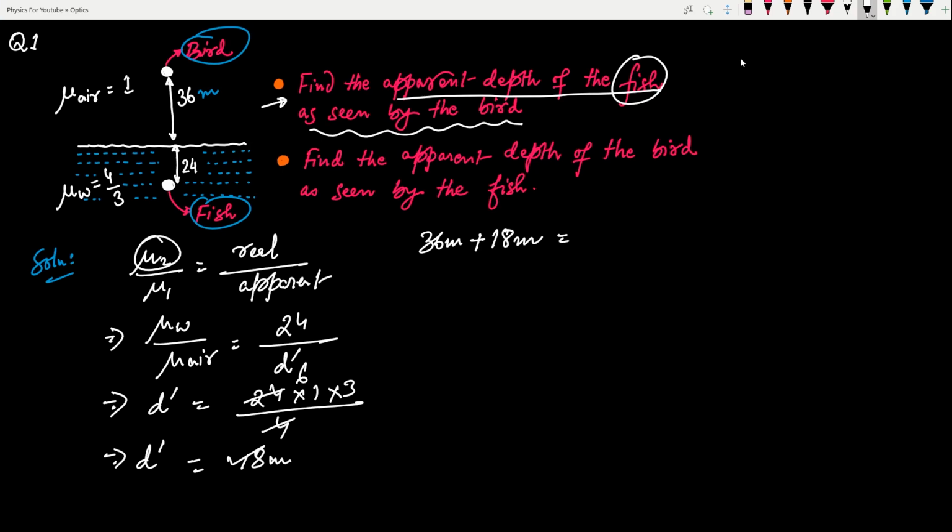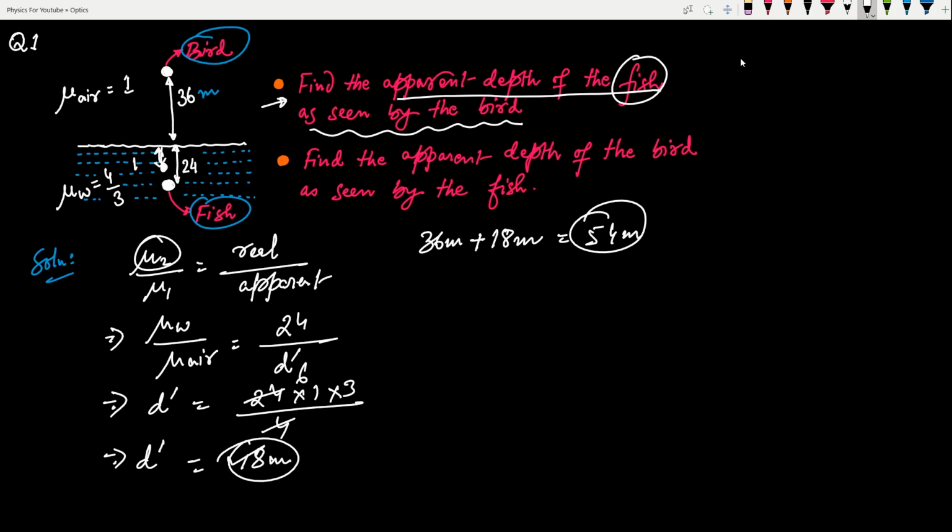If we add this, we'll get 54 meter. So this is the answer, not this one. Don't be in a hurry. Just look at what the question is saying and then mark the answer. Simple as that. Therefore you can see that the fish will actually be somewhere here, that is 18 meter. I hope the concept is clear.